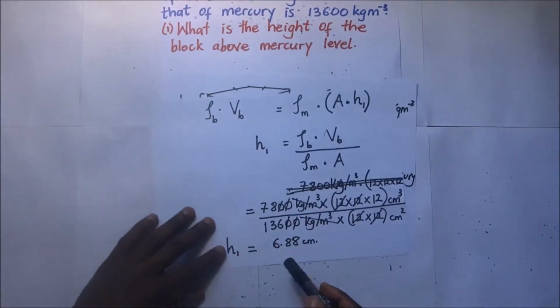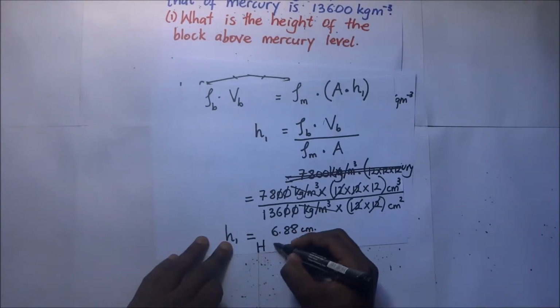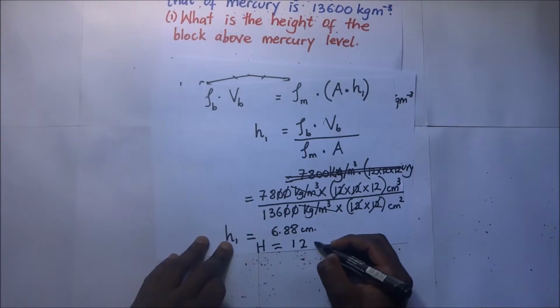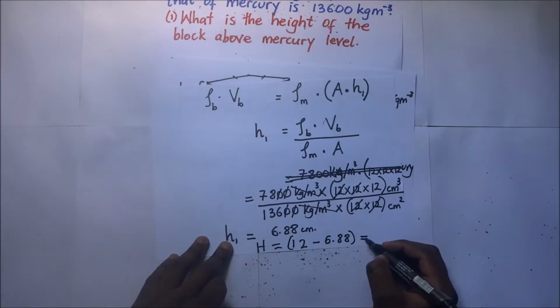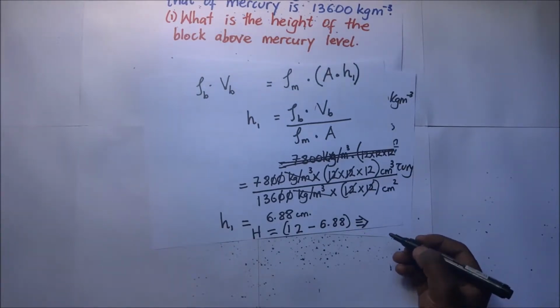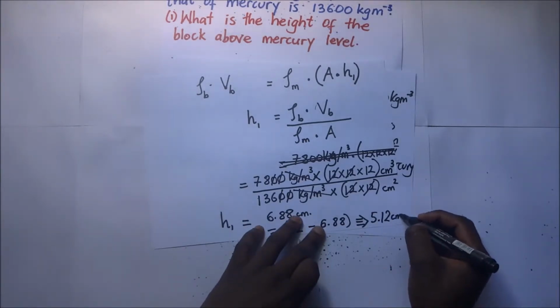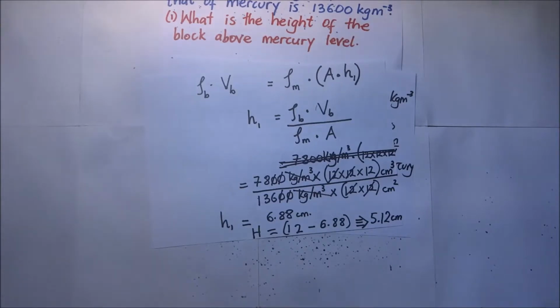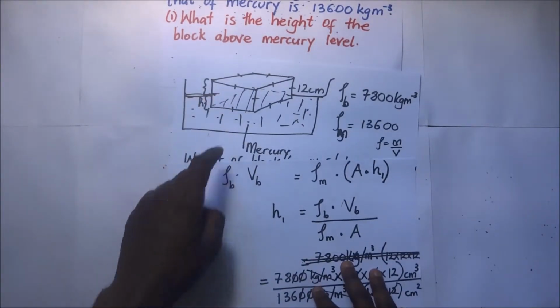So the real height that they want is going to be equal to 12 centimeters, subtract that 6.88. And when we subtract that, our answer here is going to become 5.12 centimeters. So 5.12 centimeters is actually the height of this mercury block that is above the mercury level.